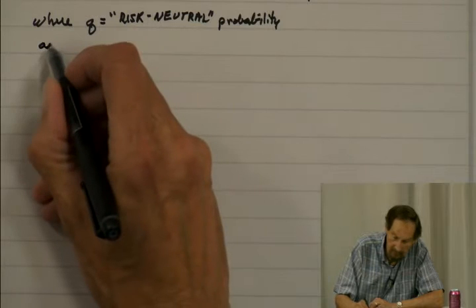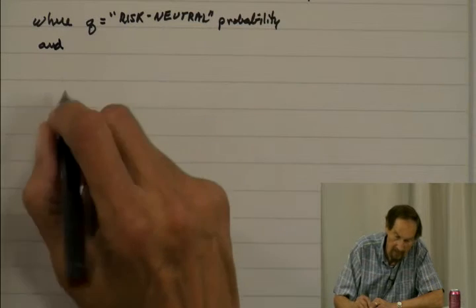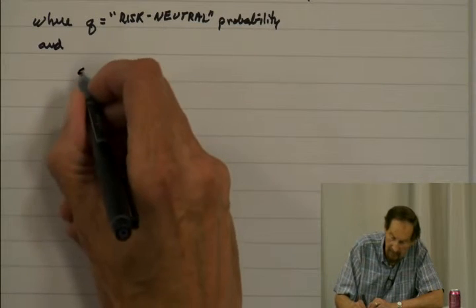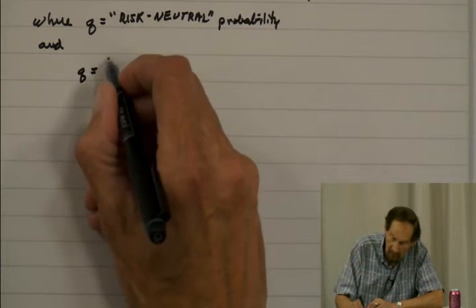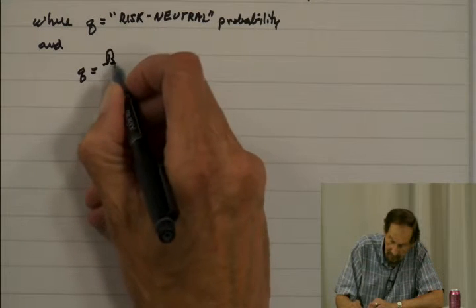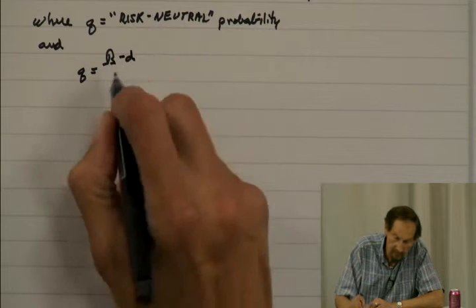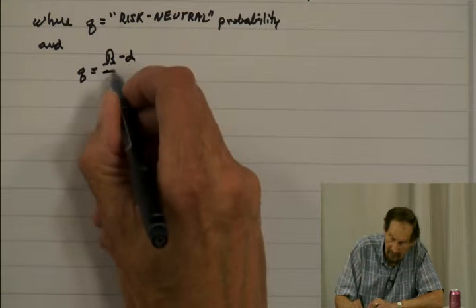We can define Q equals R minus D over U minus D.